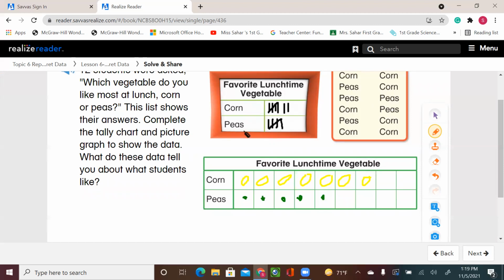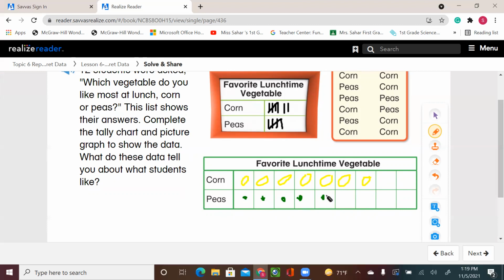Looking at the chart, I can see there are 7 children who chose corn using my tally chart. I can tell 5 chose peas. Looking at my picture graph, I can see there are 2 more children who chose corn over peas, or 2 fewer children who chose peas over corn.